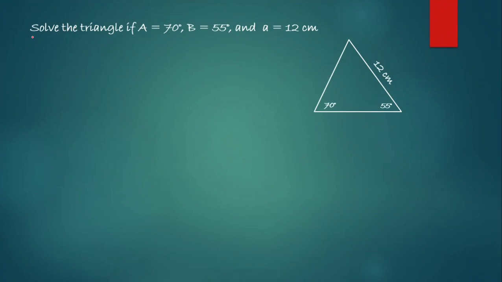Solve the triangle if angle A equals 70 degrees, angle B equals 55 degrees, and side A equals 12 centimeters.